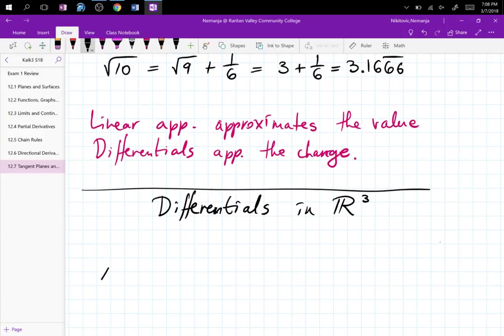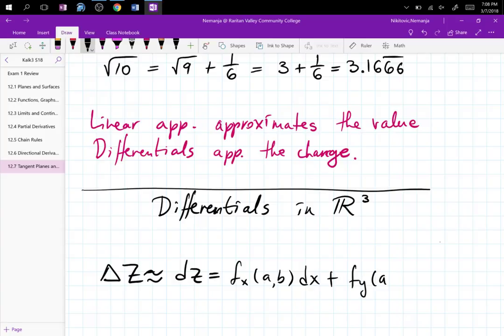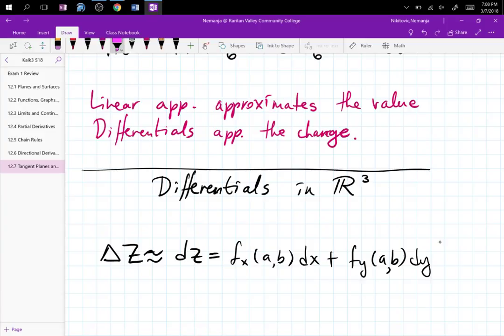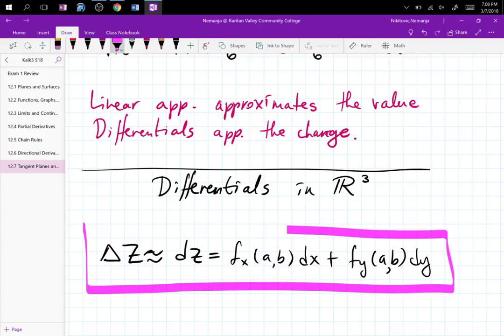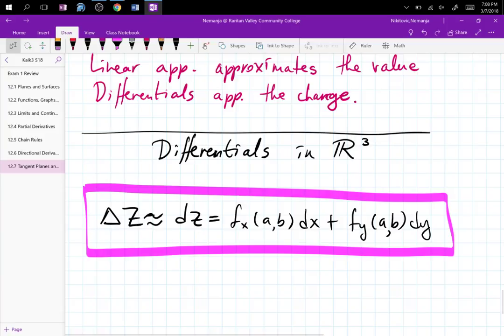So what do I have? You have delta z approximated by dz, and that one is equal to f_x(a,b) times the change in x plus f_y(a,b) times the change in y. And as you can see, it's the same formula as in Calc 1, except now you have two partial derivatives because you have those two main directions.